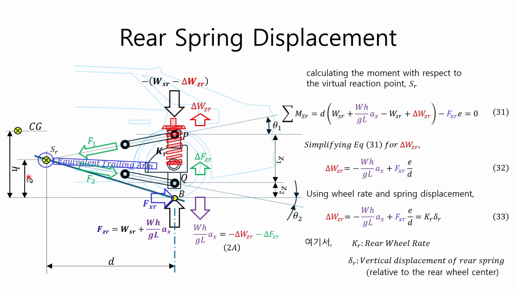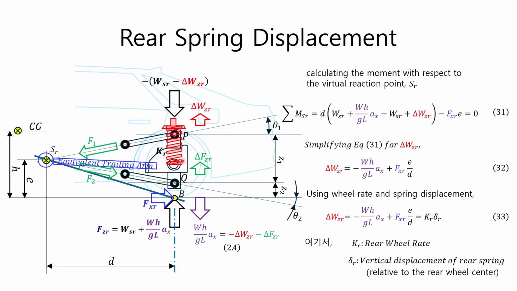By simplifying equation 31 with respect to delta WZR, we obtain equation 32. Remember that in equation 32, the acceleration, AX, and the braking force, FXR, are negative.